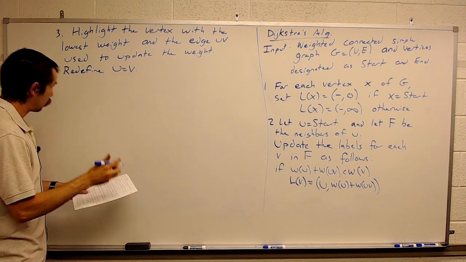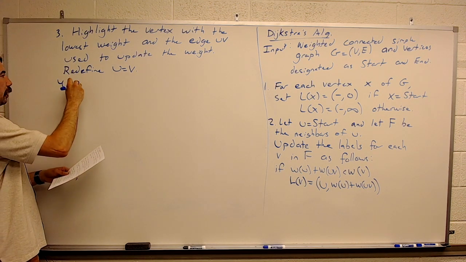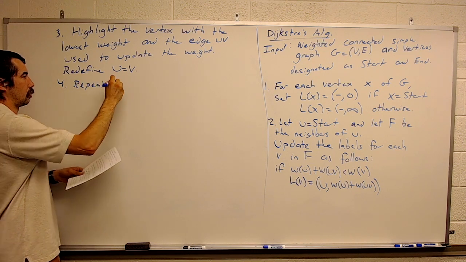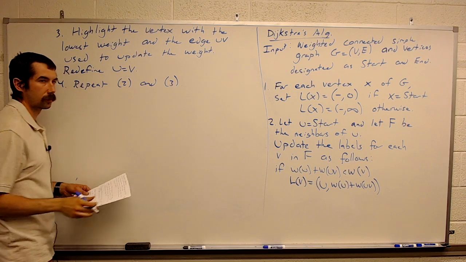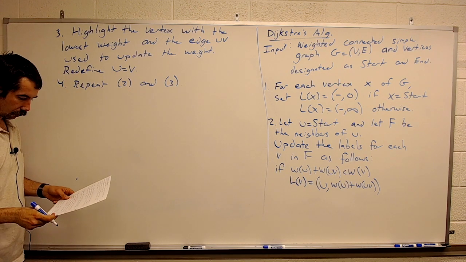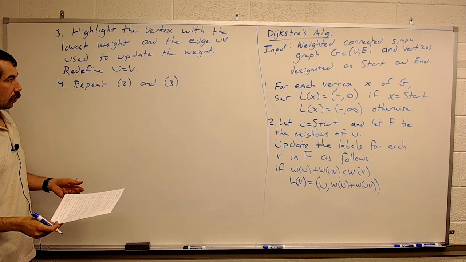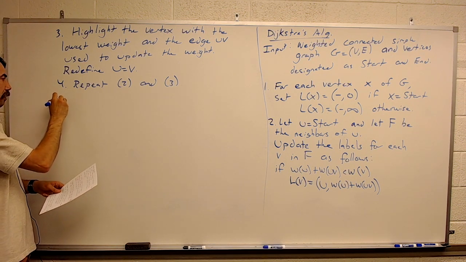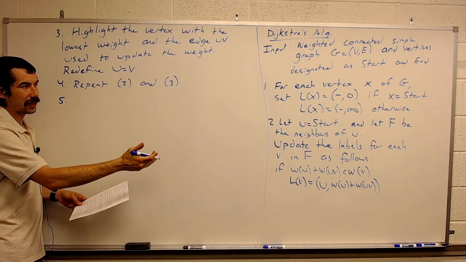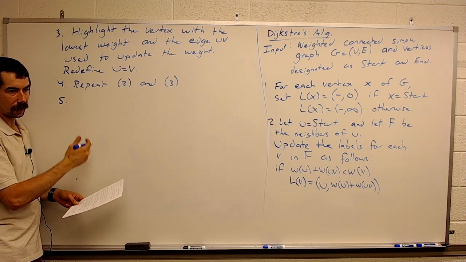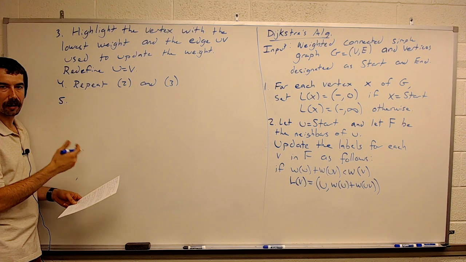again. All right, so step 4 is repeat 2 and 3. Okay, and then step 5 is we look at end and we just read the labels and it tells us how to get to the end.